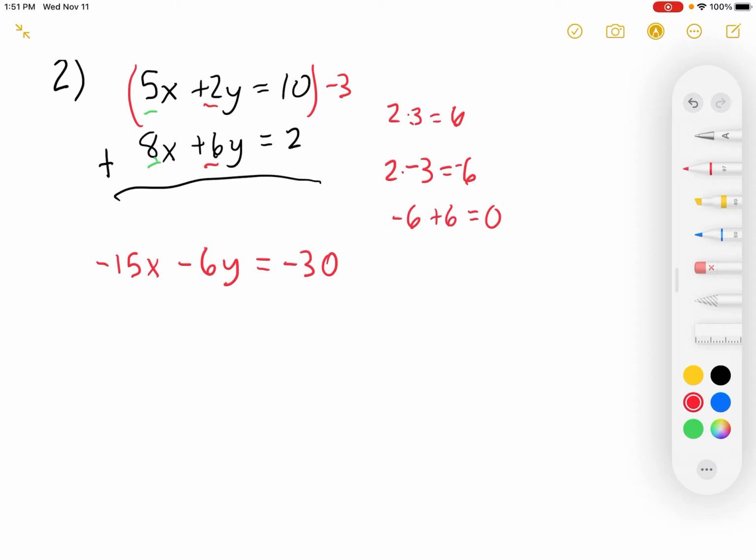Just make sure that when you do this, you multiply it to every single number. That's one of the most common mistakes I see with these kinds of problems: people are too selective with their multiplication. So then from here, I'm just going to copy down the other row the way it's currently written.